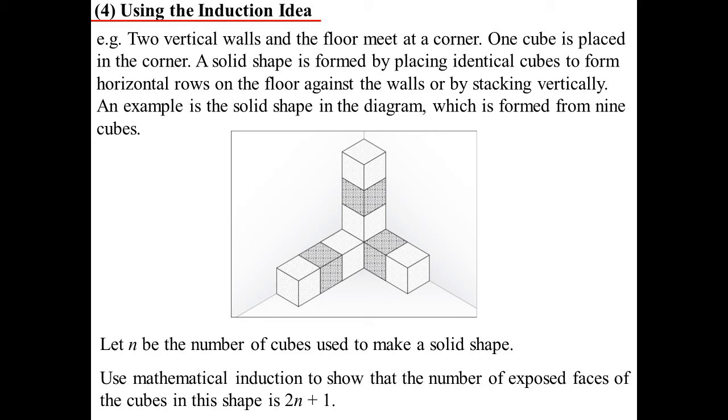And there's an example that has 9 cubes. So n is the number of cubes to be used in the shape. We're going to use the idea of induction to show that the number of exposed faces is always 2n plus 1. So we're going to prove it true for n equals 1.